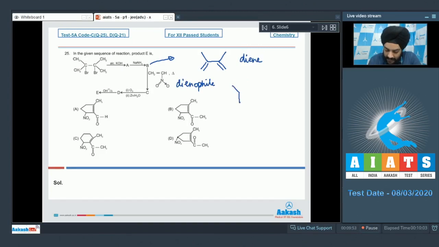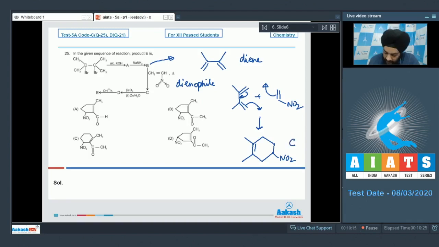So if we talk about the Diels-Alder reaction, students, we can figure out the product by writing it in this fashion. So we're going to have the formation of this compound. So this is the compound C which is obtained.